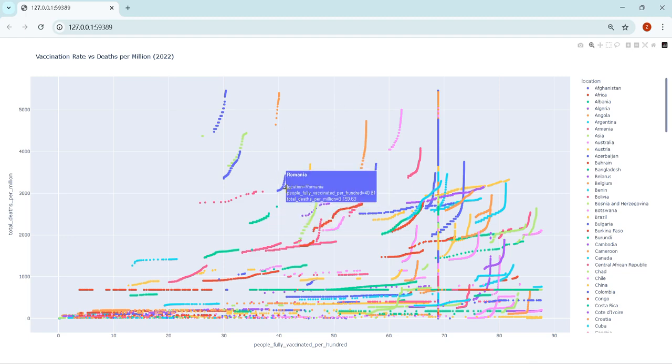And also there are some countries like Hungary, where the total deaths per million rise with the people fully vaccinated per 100.